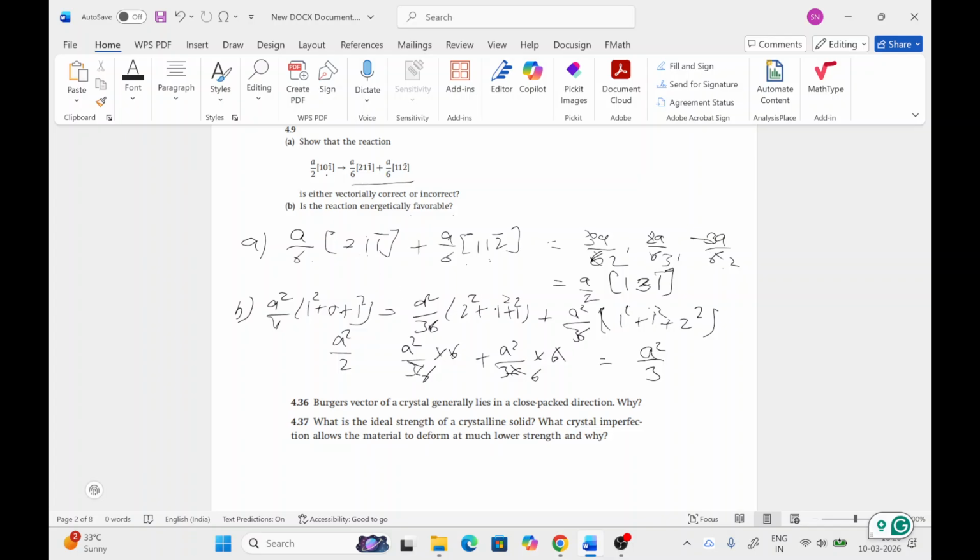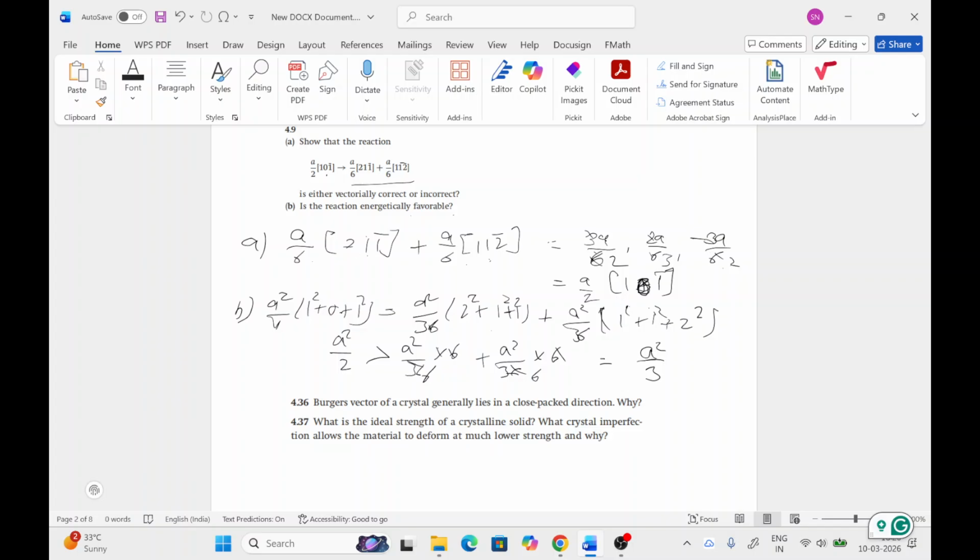Because of the square term, we are getting less energy after the reaction. But here we should have minus 1. So if it is 1, minus 1 and minus 2, then only it will be 0.